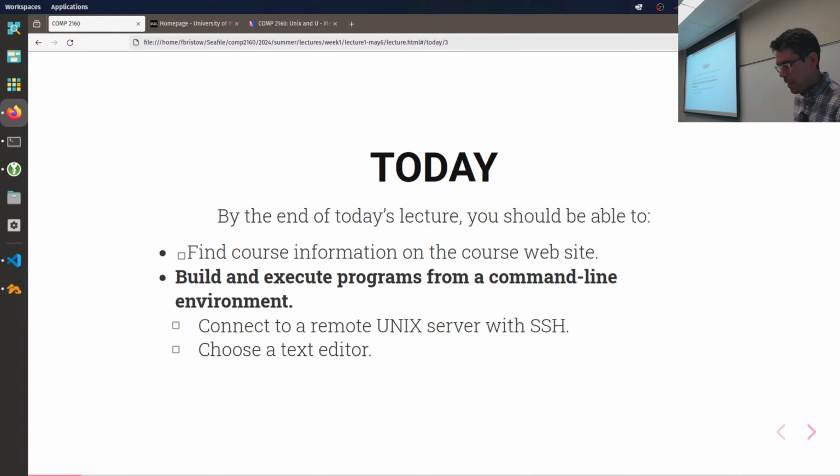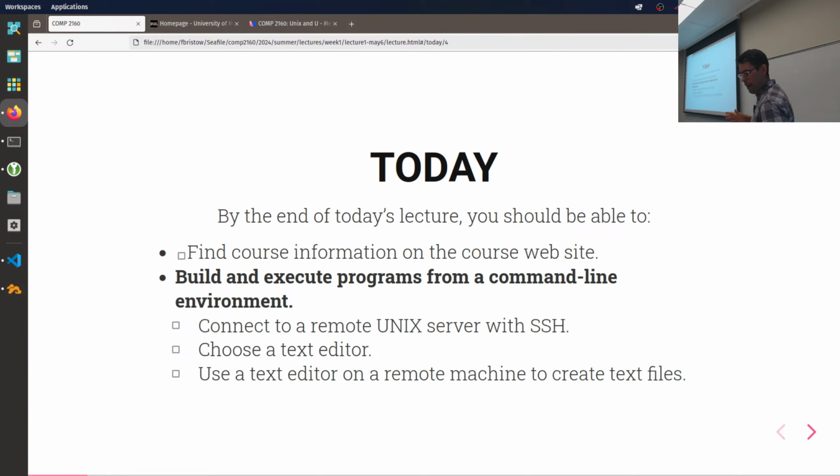I want you to be able to choose a text editor. Just by a quick show of hands, how many people are using VS Code? Almost everybody. You've all chosen a text editor, but I'm going to try and convince you to choose a different text editor. And I want you to be able to use a text editor on a remote machine to create text files.